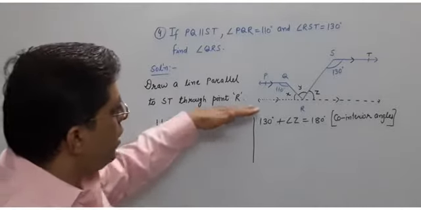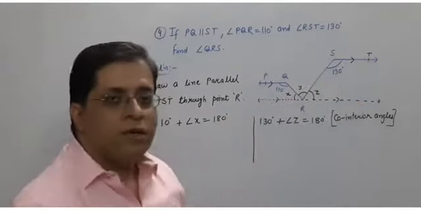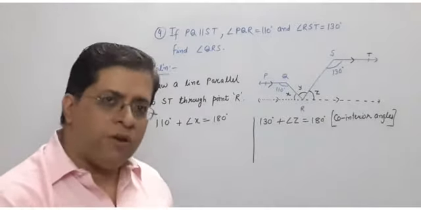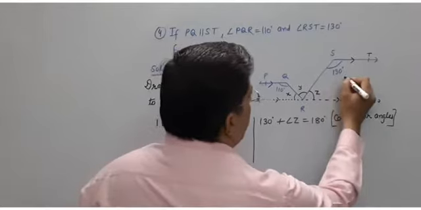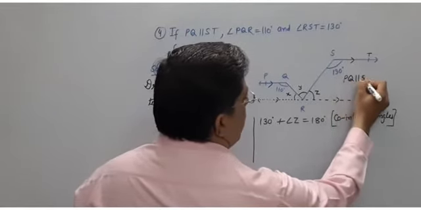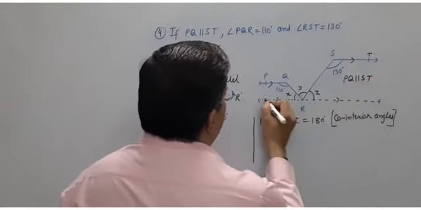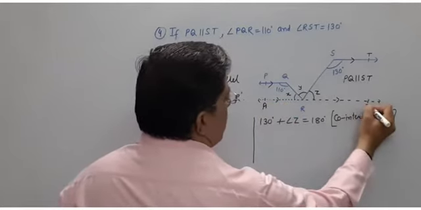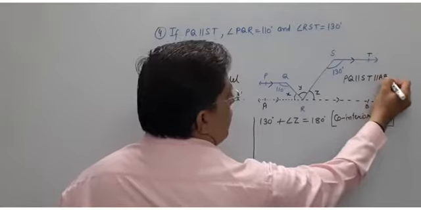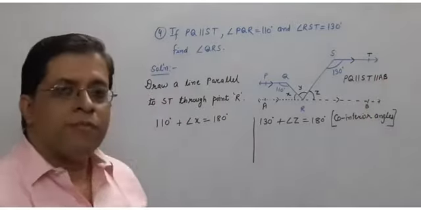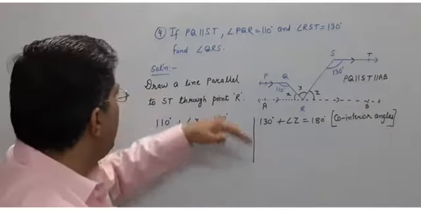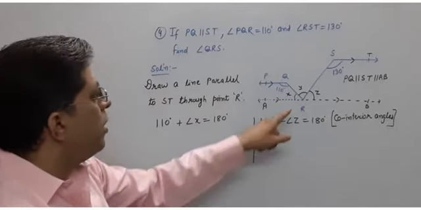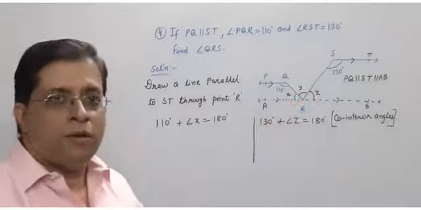I am drawing one line which is parallel to ST. PQ is already parallel to ST, so I can say PQ is parallel to ST and parallel to AB. This is the line I have drawn, parallel to ST and passing through point R.